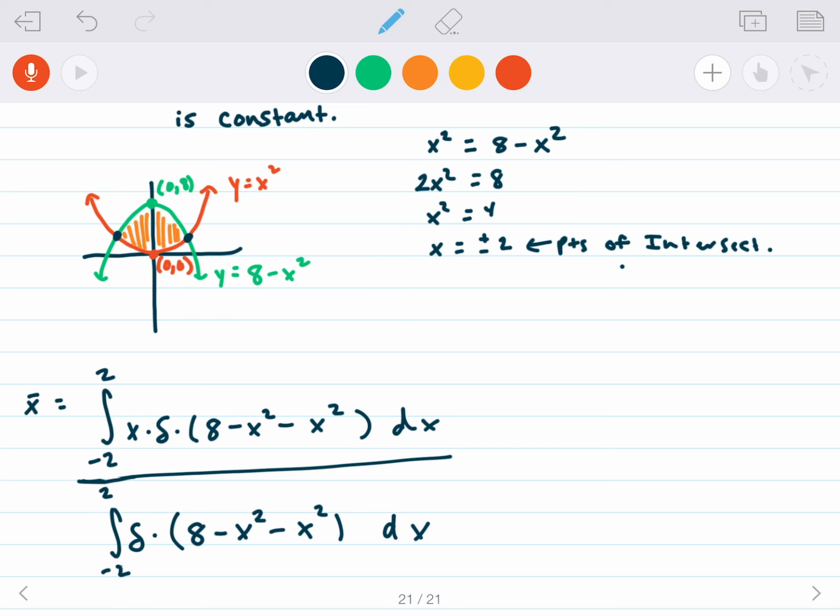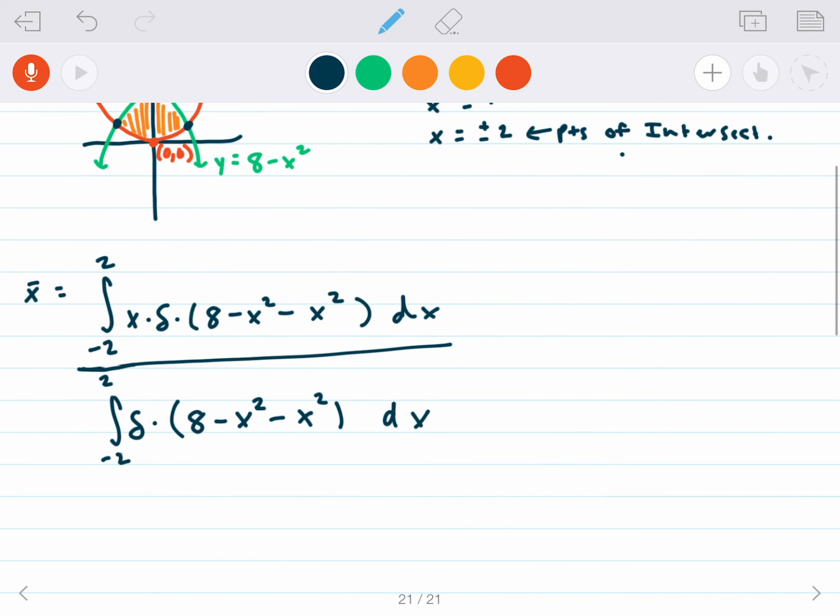First things first, I'm going to pull out the density because it's constant. I'm not going to show this step, but they're going to cancel once they're pulled outside of the integral. So those cancel out, and I'm also going to combine like terms.